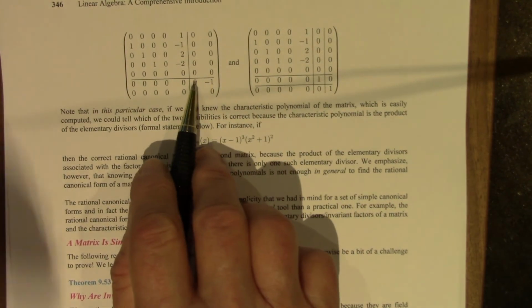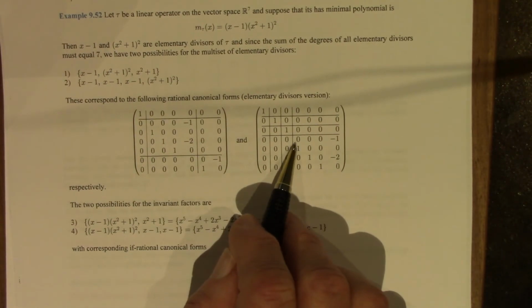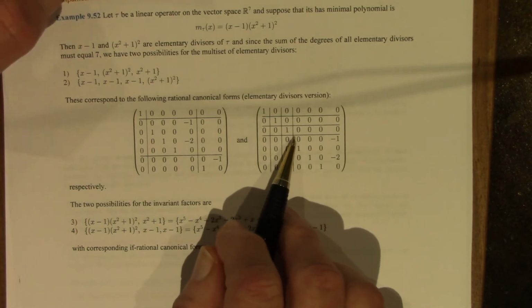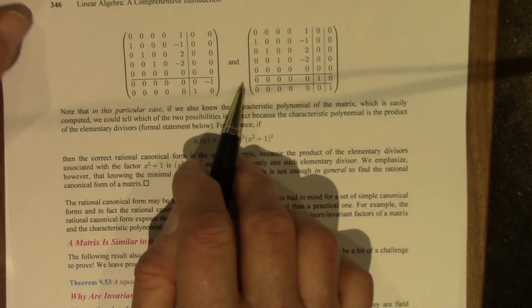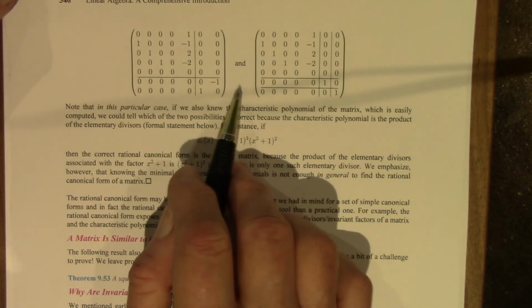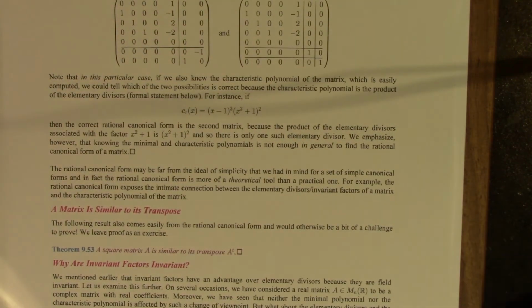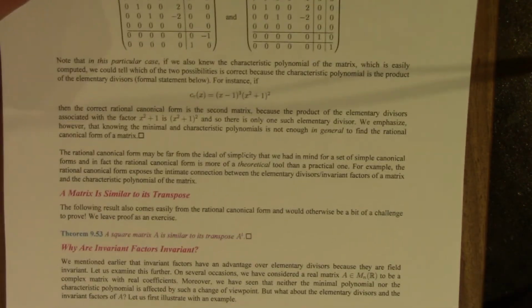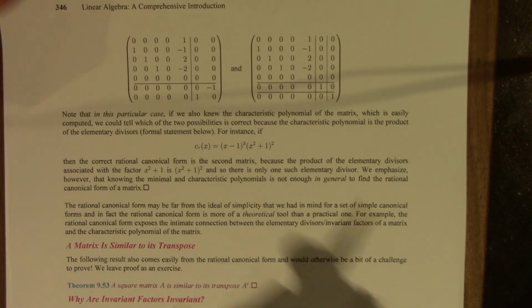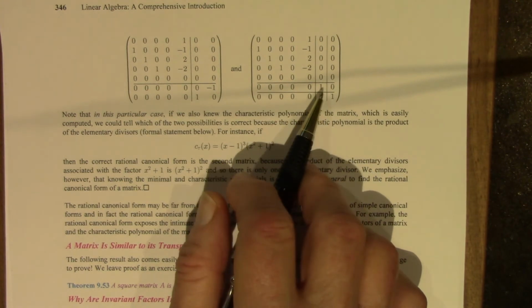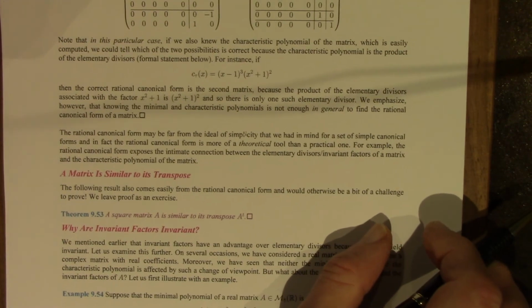So these 2 are the ED rational canonical forms, the elementary divisor versions of the rational canonical form. These are the invariant factor versions of the rational canonical form. I'm saying the rational canonical form. Most people do, even though that's not quite accurate, because any reordering of these would also give you a rational canonical form. You can reorder the blocks.